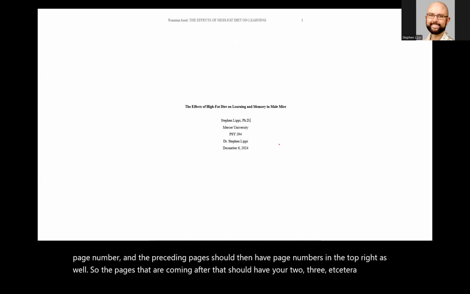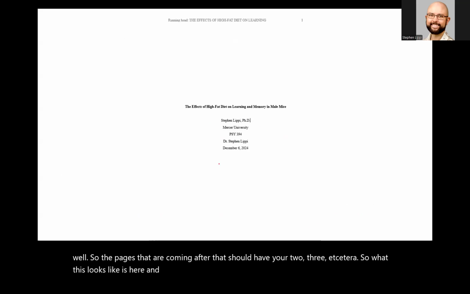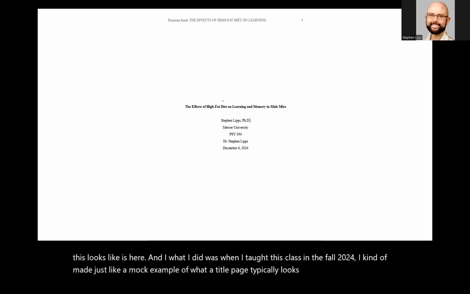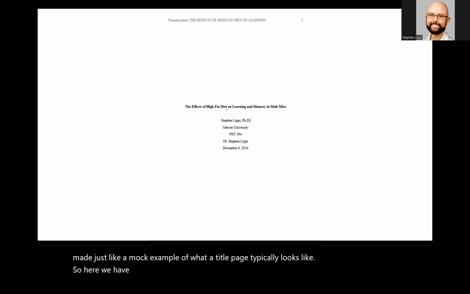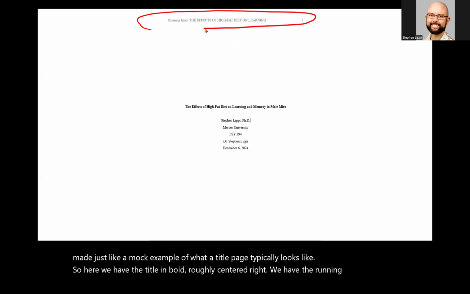So what this looks like is here. And what I did was, when I taught this class in the fall 2024, I made a mock example of what a title page typically looks like. So here we have the title in bold, roughly centered, right? We have the running head and page number here.